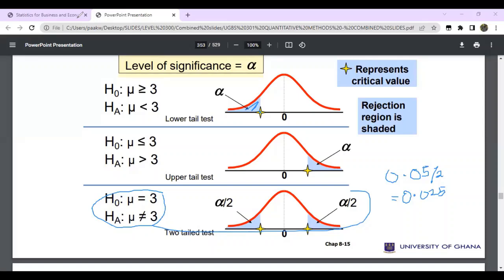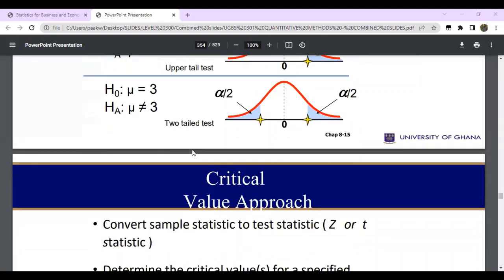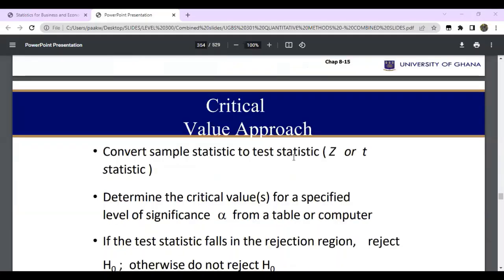So let's move on. We have two approaches in testing this statistic: the critical value approach and the p-value approach.